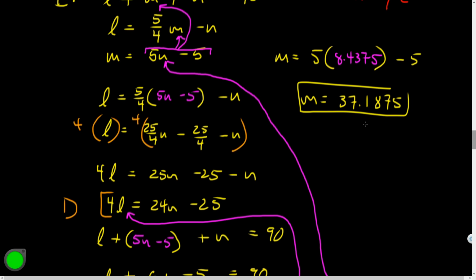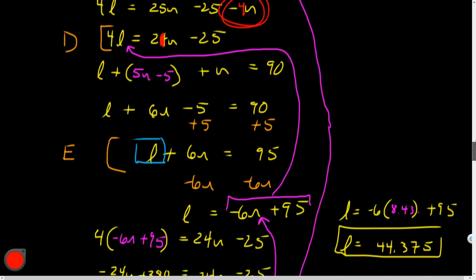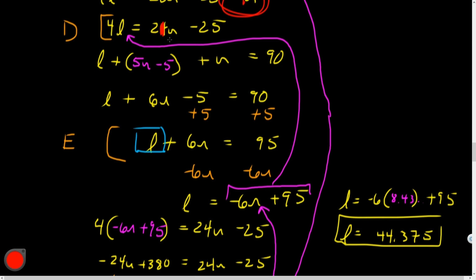25/4 multiplied by 4. Guys, I found my mistake. When I multiplied this side by 4, I did this part right, but this should have been a 4. No, guys. And so then this would have been 21. Oh, my friendos.